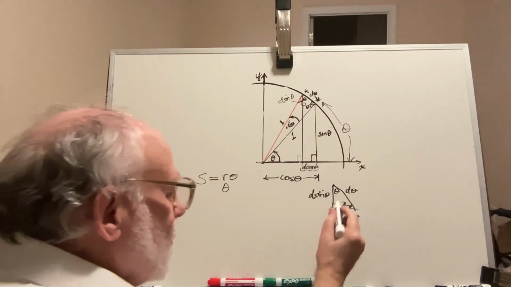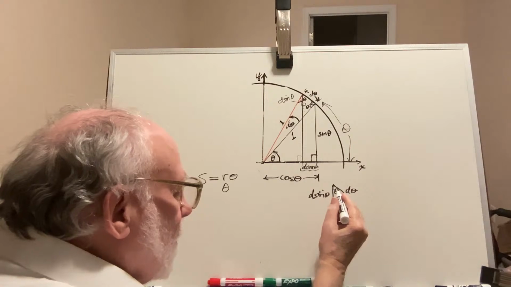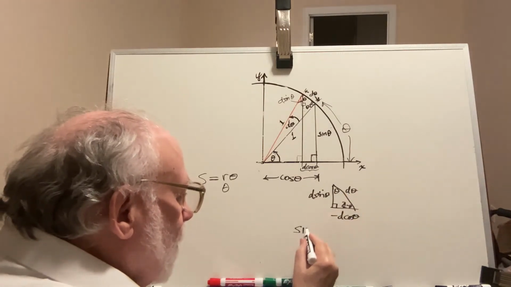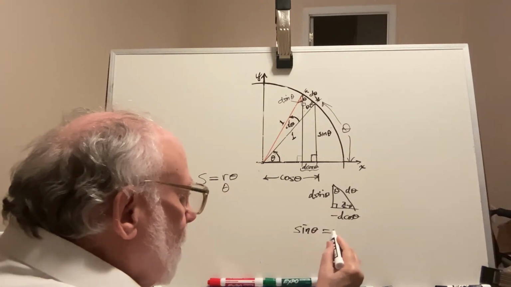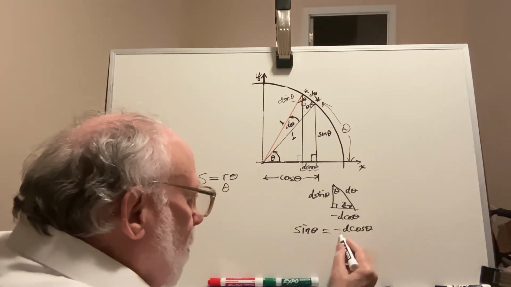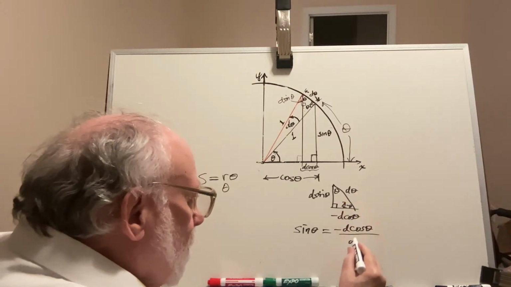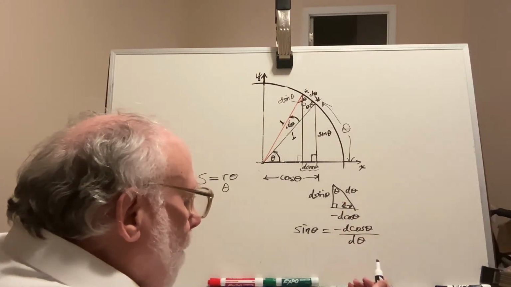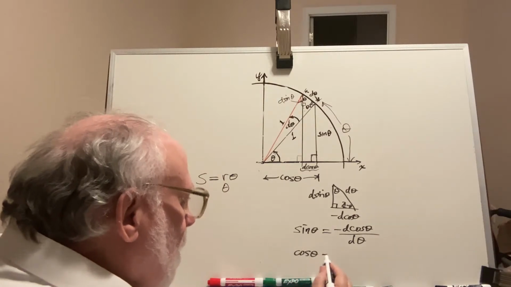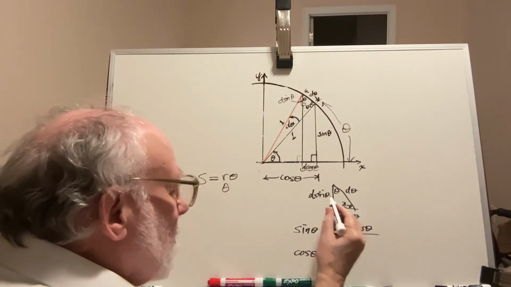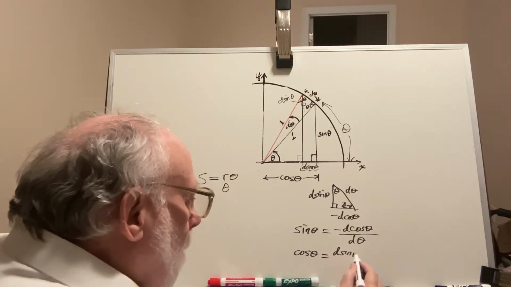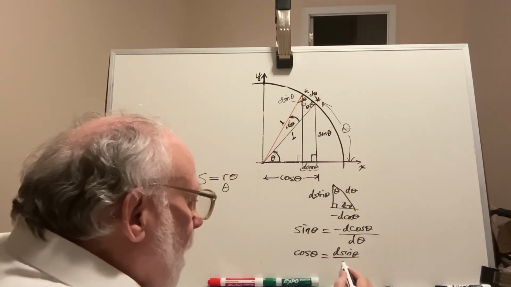So we look at this triangle here, and we get that the sine of theta is opposite over hypotenuse, and the cosine of theta is adjacent over hypotenuse.